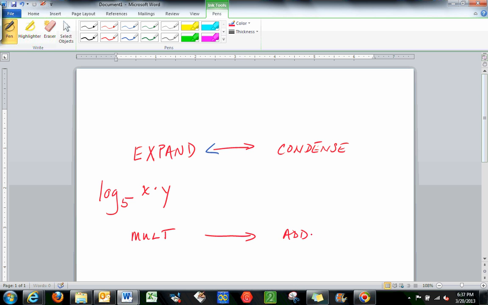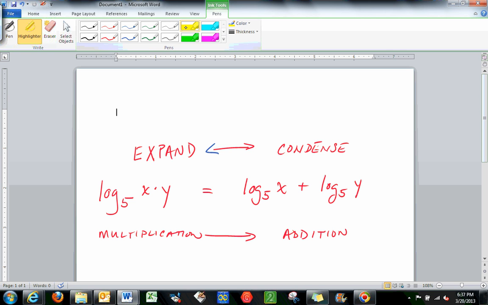So our product property tells us, and I'm going to write this out completely, that if we have two parts that are being multiplied together, then we can break that log up into two separate logs that are being added together.